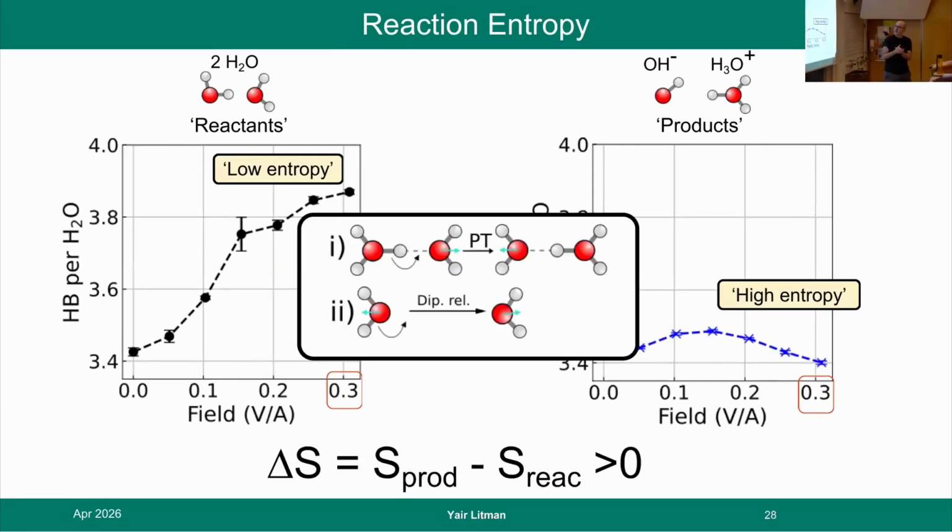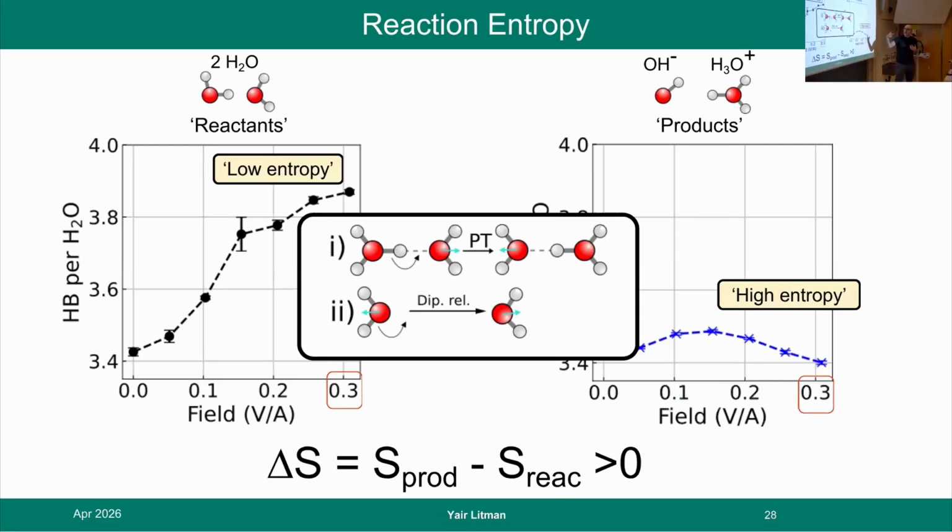And one way of understanding this, if you're thinking, okay, this is how the mechanism works, it's very simple and I feel intuitive. If you have a proton that will jump to the next water molecule, imagine here you have an electric field that is aligning this water molecule here. After you have a hydrogen jump and you have a new proton, the water is aligned anti-parallel to the field.